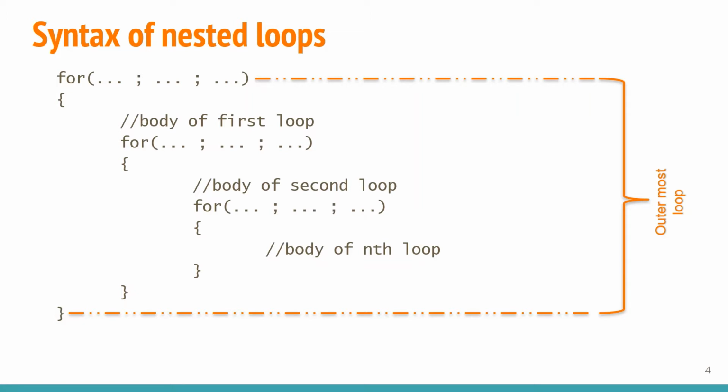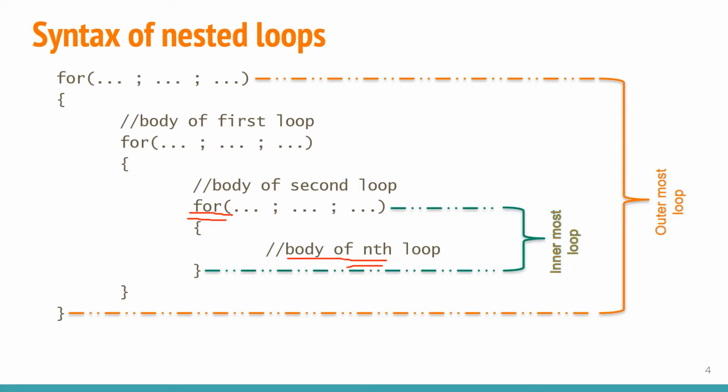We have another terminology: the loop which is written last, which in this case is the nth loop, is referred to as the innermost loop. These two terminologies are very important. While describing problems on nested loops, we will be using these terminologies: innermost loop and outermost loop. The outermost loop is the one that is written first, and the innermost loop is the one that is written last.